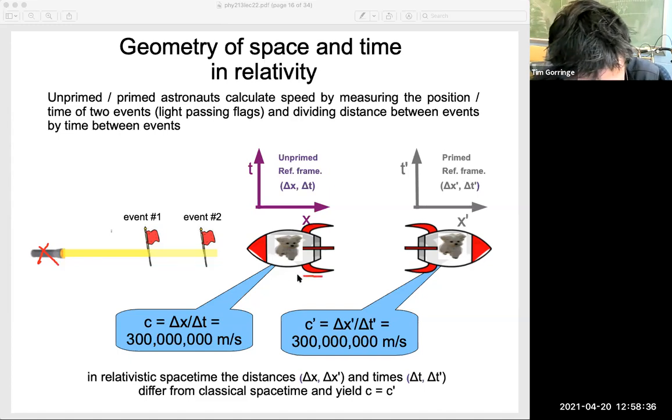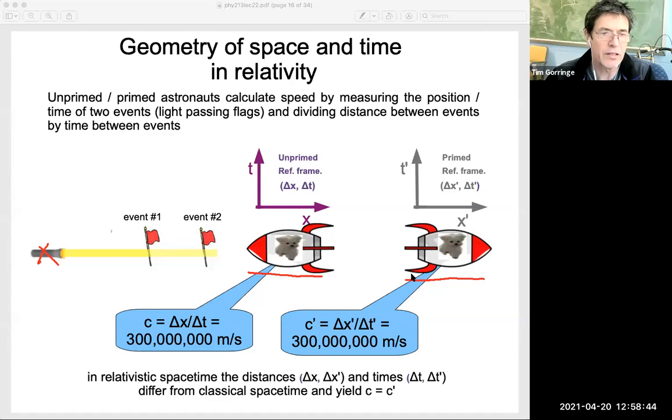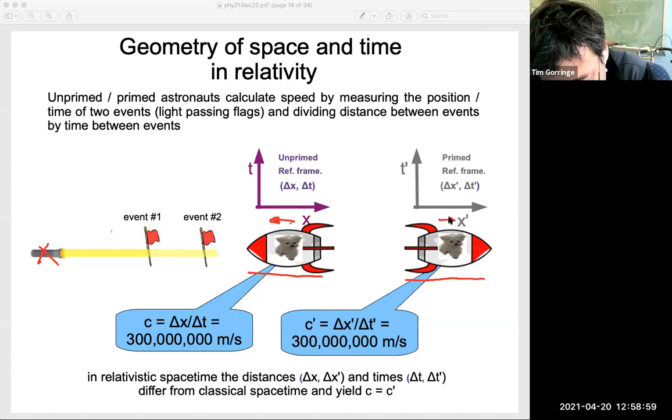There's this observer in this space rocket, and there's this observer in this space rocket. The observer in the left-hand space rocket is traveling towards the flashlight. The observer in the right-hand space rocket is traveling away from the flashlight.